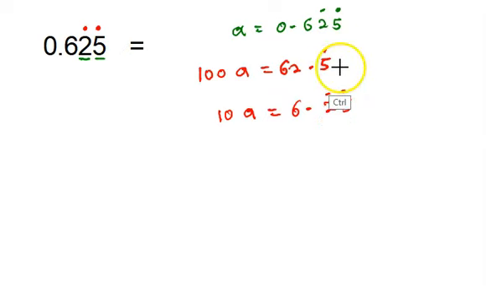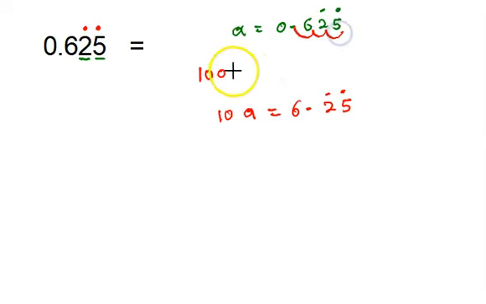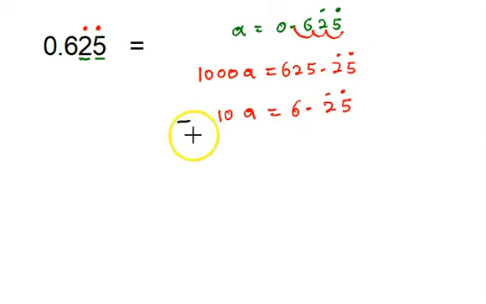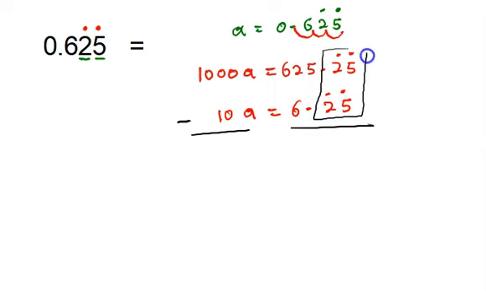So I go backward and multiply, 1, 2, 3, so I require 1000. Now multiplying by 1000, we have 625.25. When we subtract these numbers, we eliminate the whole repeating part, which makes the calculation much easier for us to obtain the fraction.